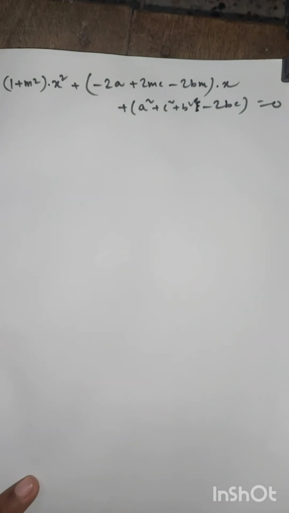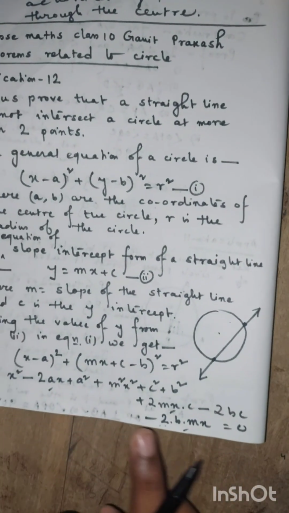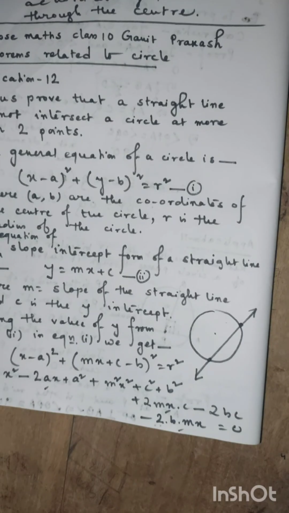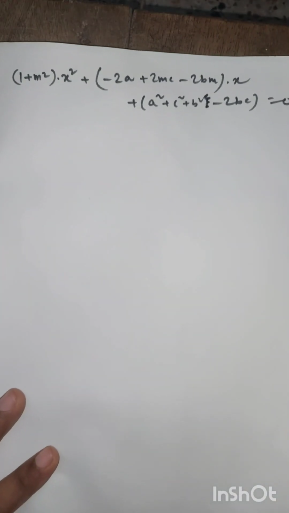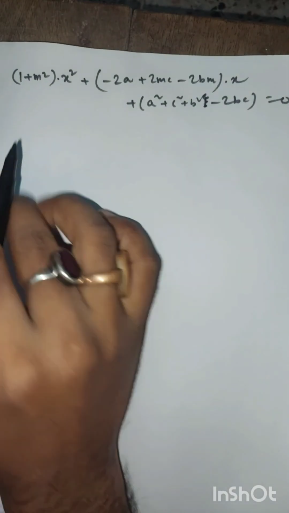If we arrange all these terms according to the power of x, then we get this equation. So we are observing that this is a quadratic equation.